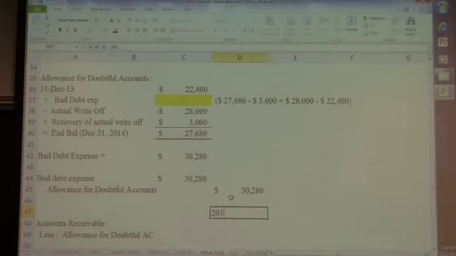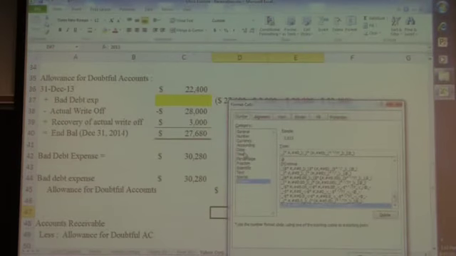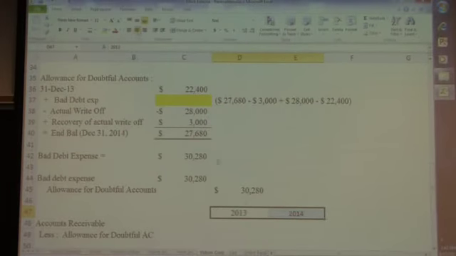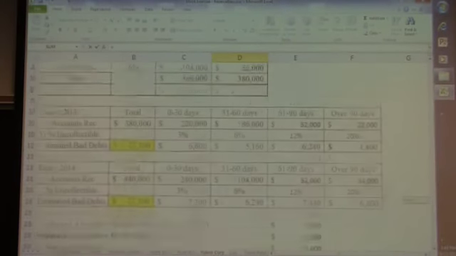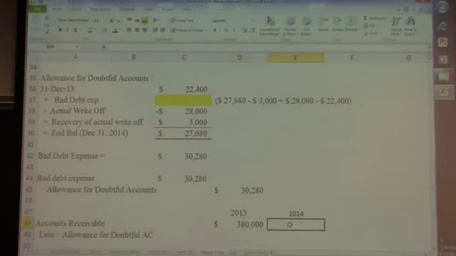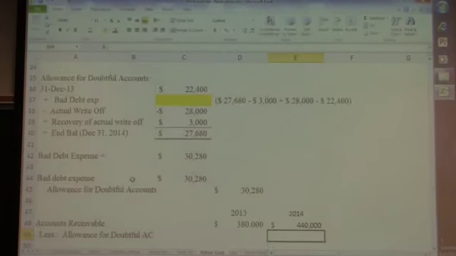So if I put 2013 and 2014 here, we have the receivables total, as we can see from the aging schedule. For 2013, my total is $380,000. And for 2014, according to my aging schedule, I should have $440,000.